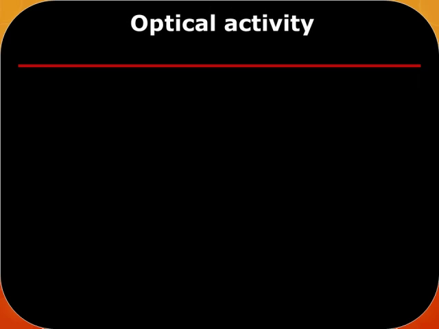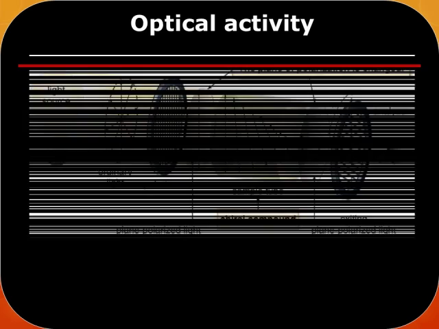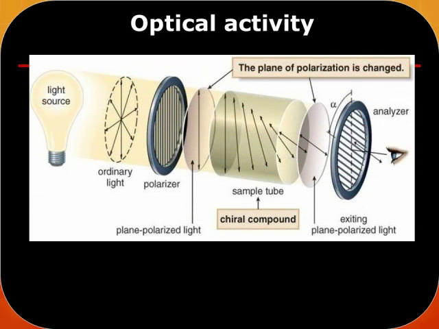Now let's look at the optical activity of these chiral compounds. Children, this is a setup that has the polarizer, the plane of polarization and the analyzer. When you keep a chiral compound in a sample tube, you can clearly see how the compound rotates the plane of polarization and changes its direction.